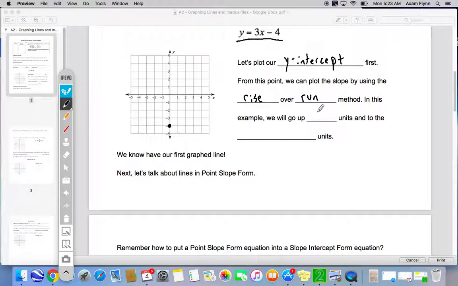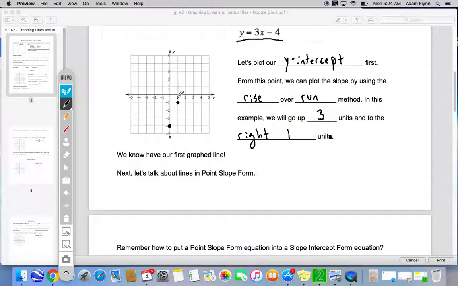So we will go up 3 units, and to the right, 1 unit. Okay, so from this point, I'll go up 1, 2, 3. I'll put my pen right there, and I'll go over 1. That's where I'll draw a point.